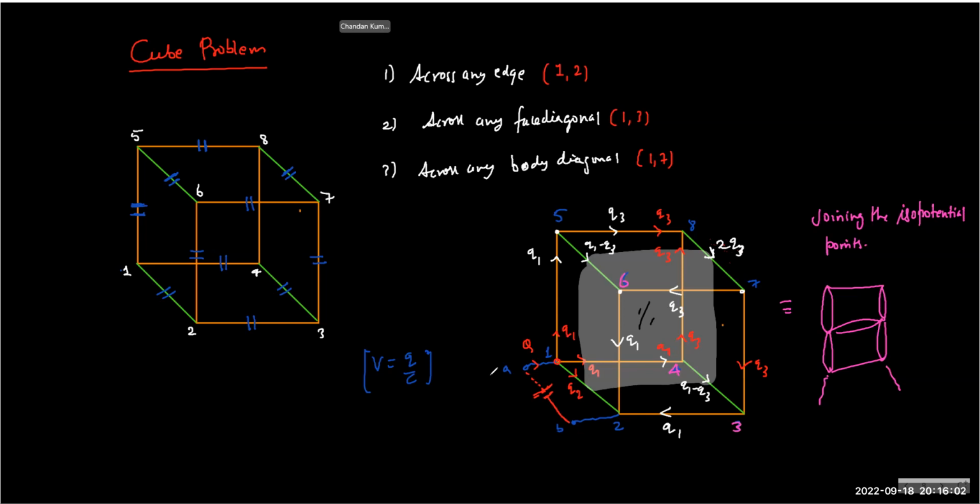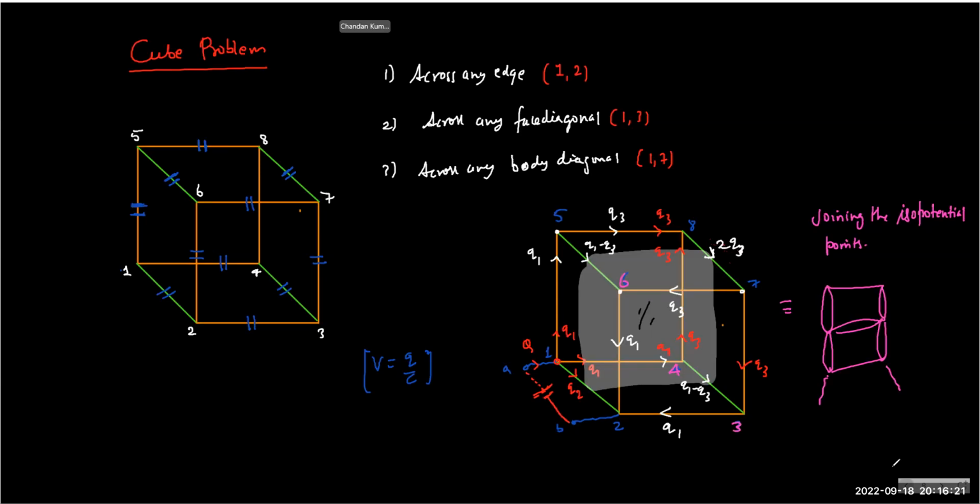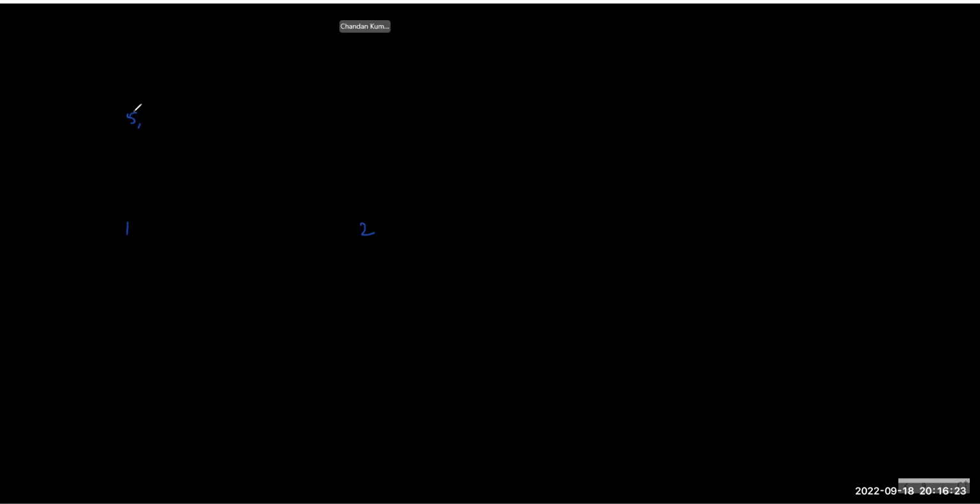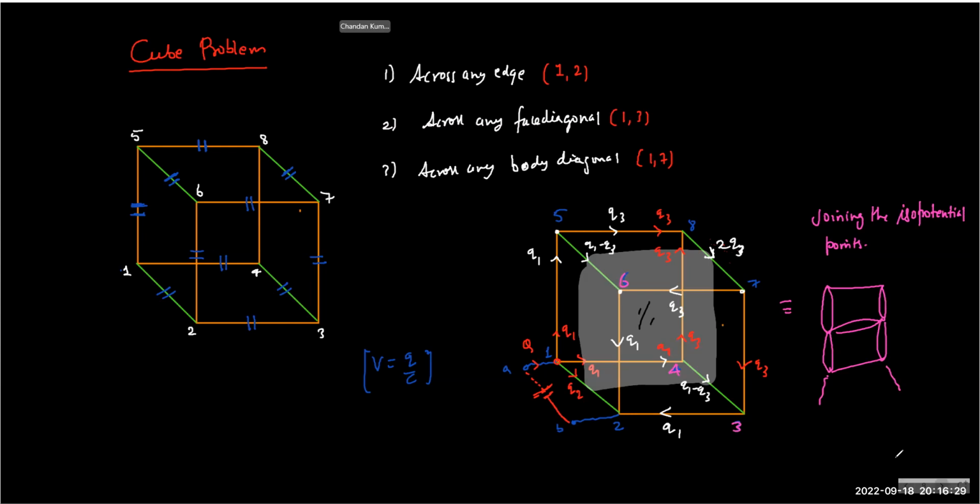The 8, 5, 4, or what you can do next is draw the isopotential points on paper. So 1, 2, then 5 and 4, then 8 here, 7 here, 3 and 6.